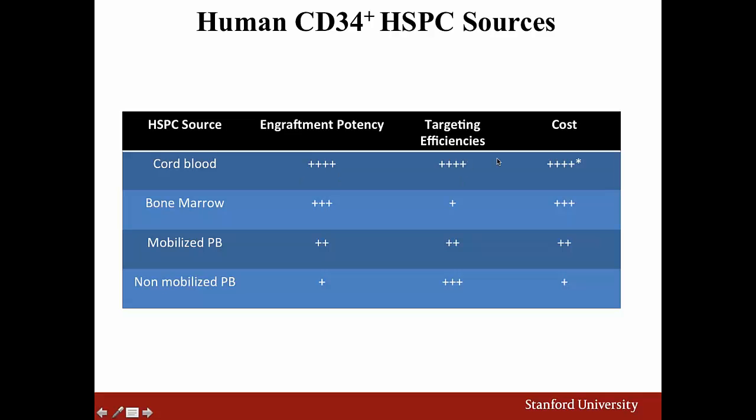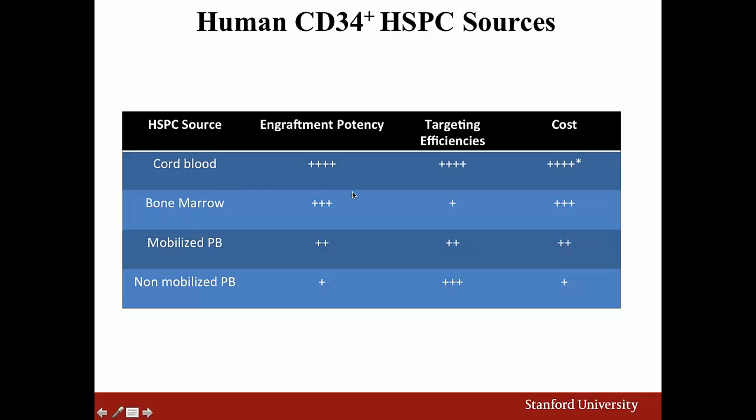In our hands, it leads to high targeting efficiencies, but the unfortunate thing is it costs a lot from commercial vendors. I put an asterisk here because a lot of places have cord blood programs that bring cord bloods from birth to the research facilities, which obviously makes it much cheaper and is highly recommended.